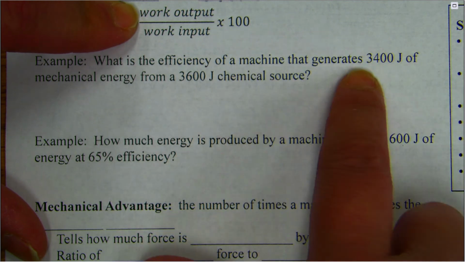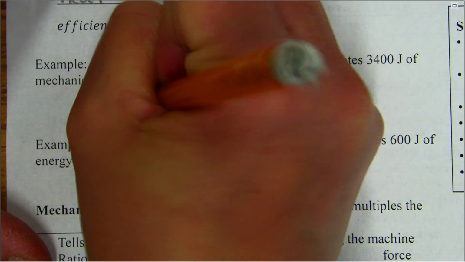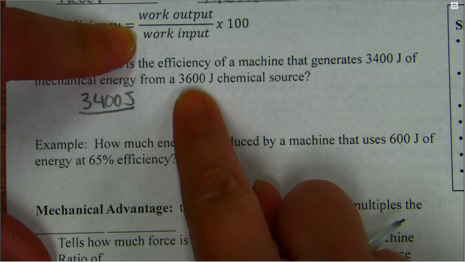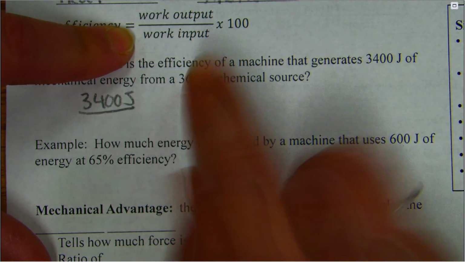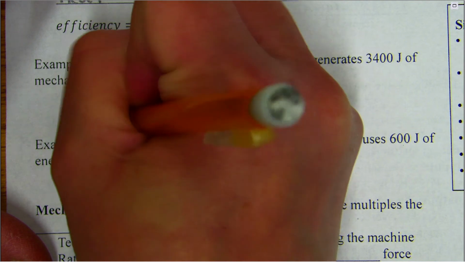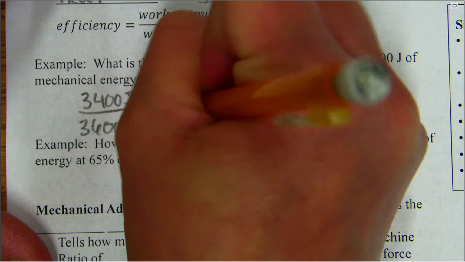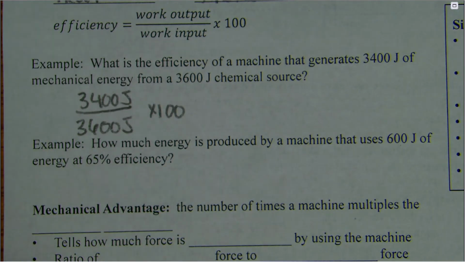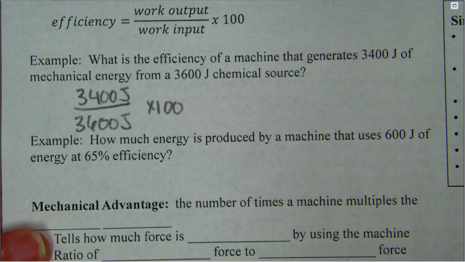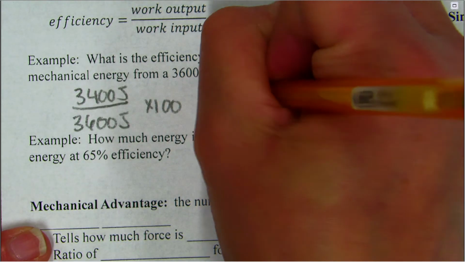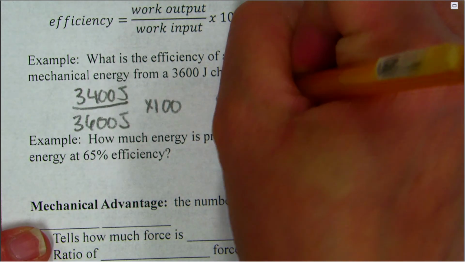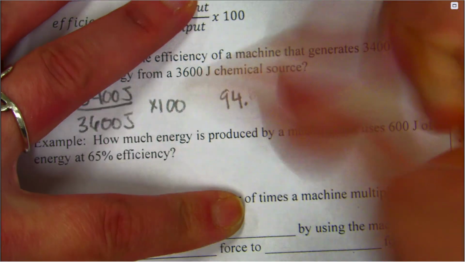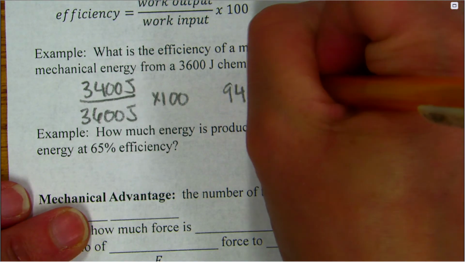That's what the machine gives us out. What we put in is 3,600 joules. And we're going to multiply that by 100 to give us a percentage. So the efficiency of this machine is pretty efficient. It's 94.4% efficient when you plug that into your calculator.